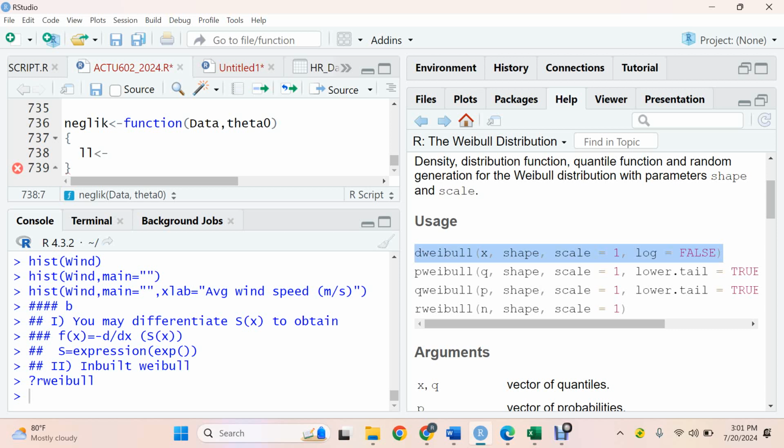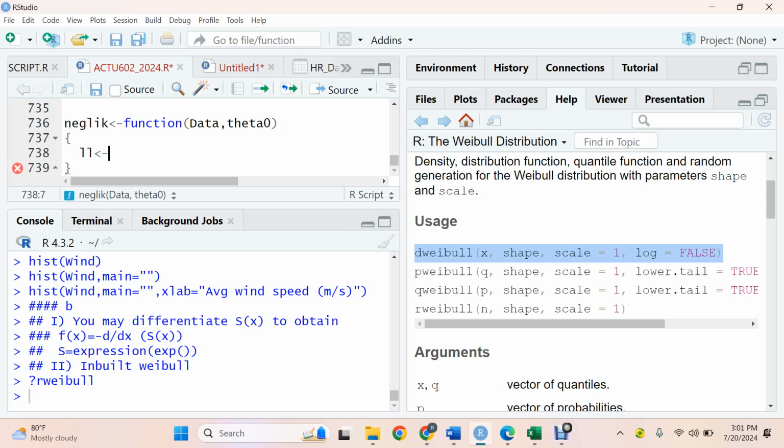Remember, when you have the F, you find your log likelihood of theta given x, which will be the product of f of x at theta. But then we find a log, so it becomes L theta x.